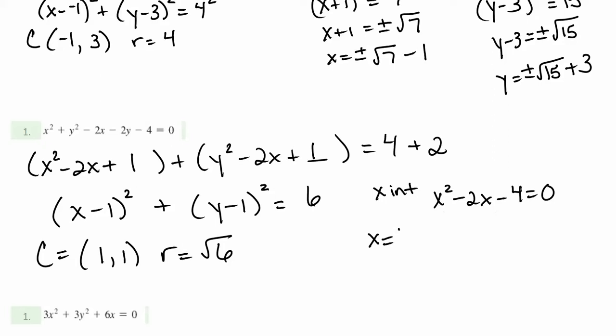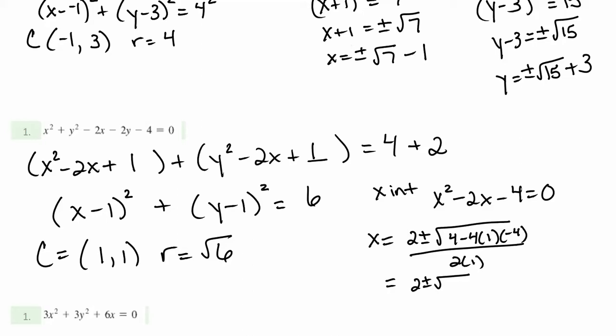So x is going to equal the opposite of b, which is 2, plus or minus the square root of b squared, which will be 4, minus 4 times a times c, divided by 2a. So that's 2 plus or minus the square root of 4 plus 16, which is 20, over 2.